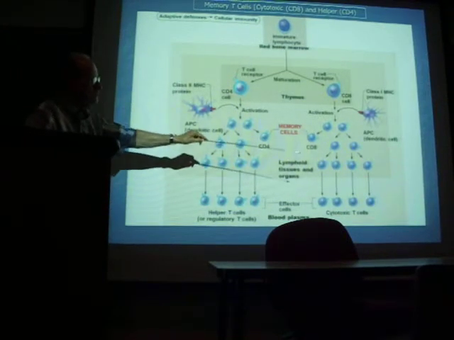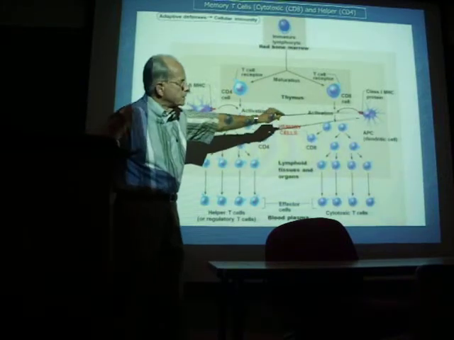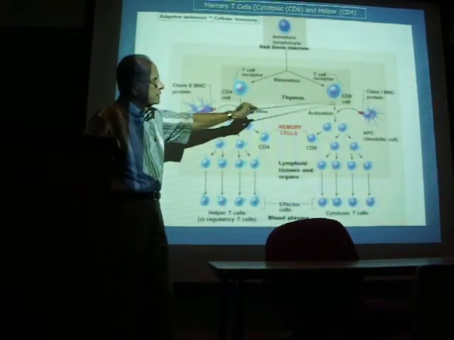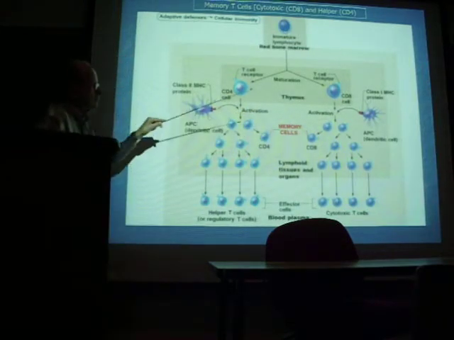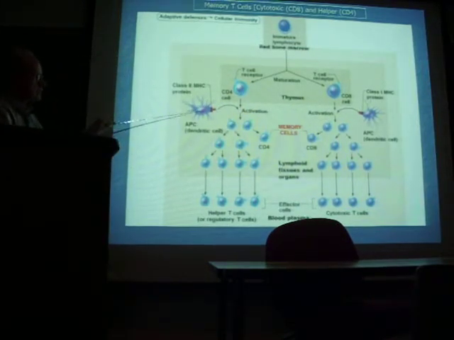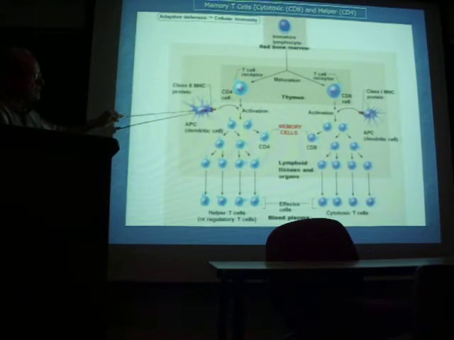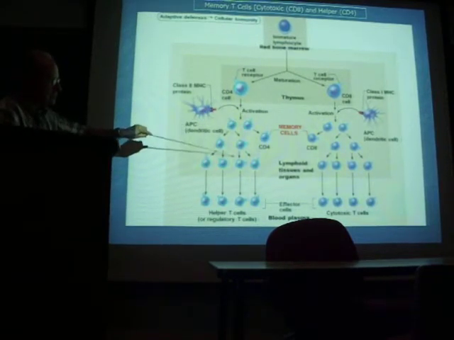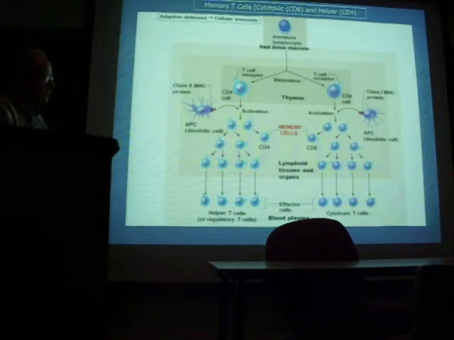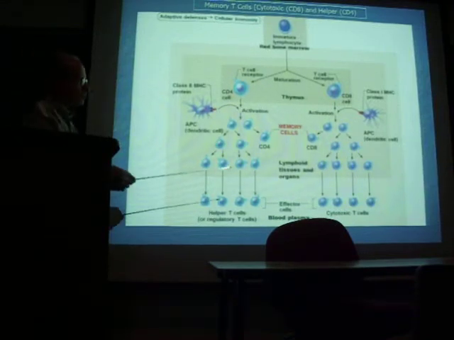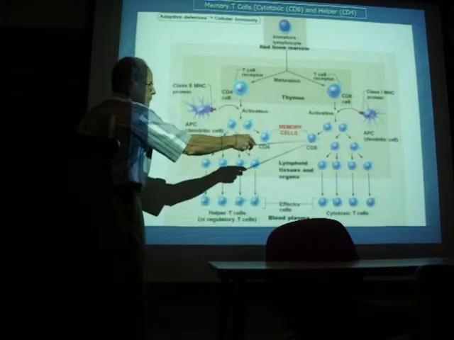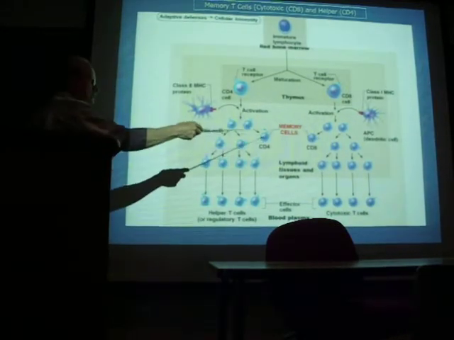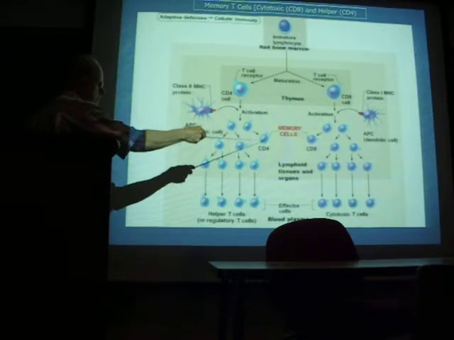In this case, you have an antigen-presenting cell presenting an antigenic fragment to a cytotoxic T cell. You have an antigen-presenting cell presenting an antigenic fragment to a helper T cell and leading to their activation. Now, both kinds have memory cells. So we have memory cytotoxic T cells, we have memory helper T cells.